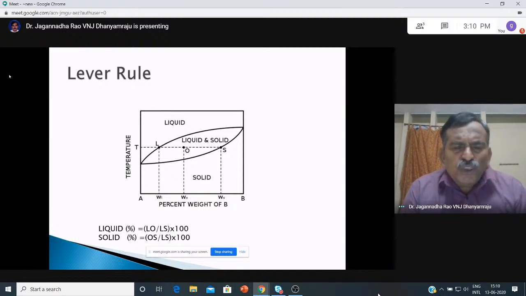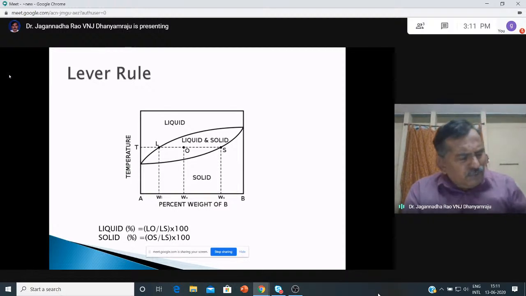So now if you want to know the composition of the liquid, you drop a perpendicular to the composition axis and it is WL, which represents the composition of liquid, and this tie line intersects the solidus at S, and if you drop a perpendicular onto the composition axis you will get the composition of solid.